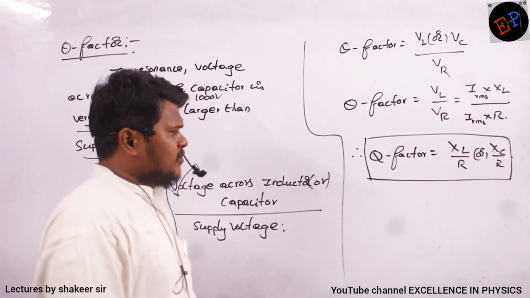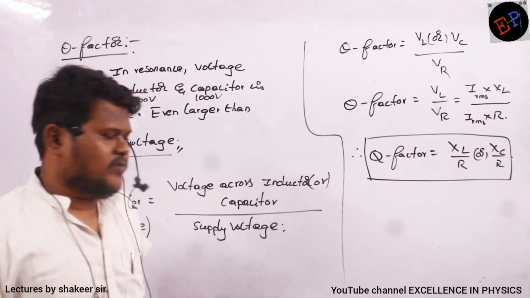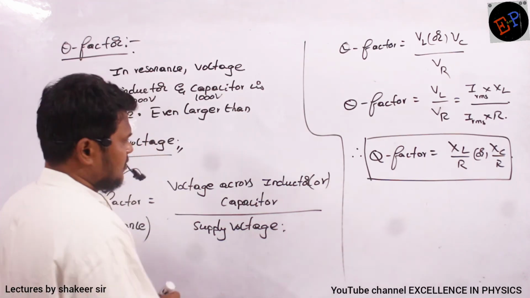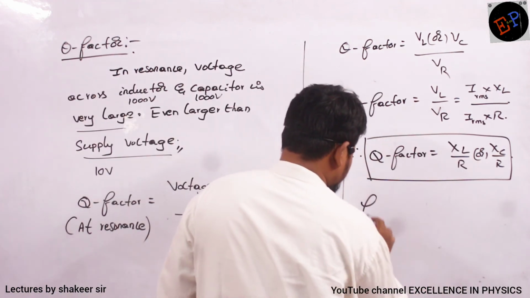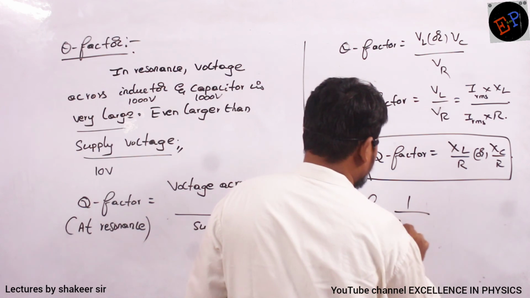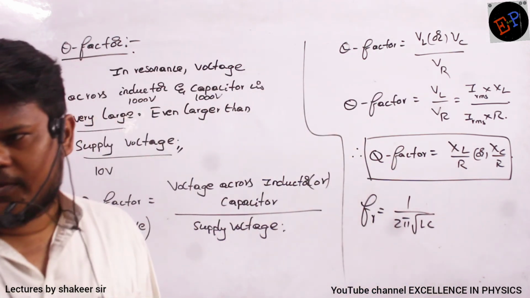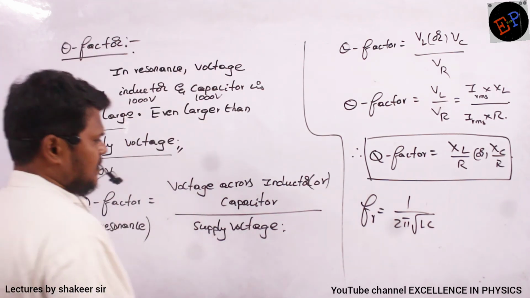Now we will do one thing. We will try to derive one more equation for Q factor. See, the resonant frequency we have written is 1 by 2 pi root LC. FR is equal to 1 by 2 pi root LC.